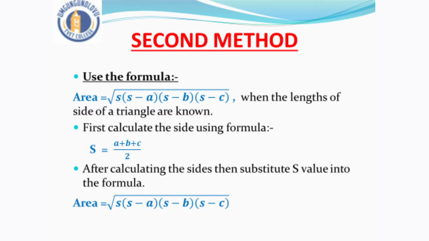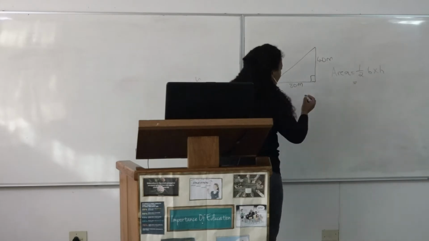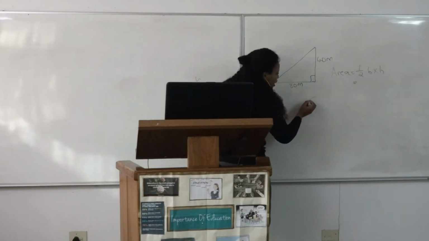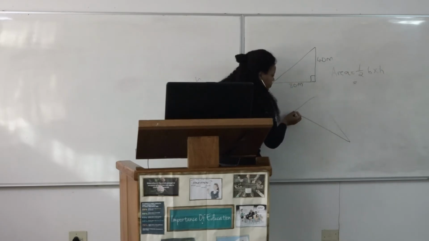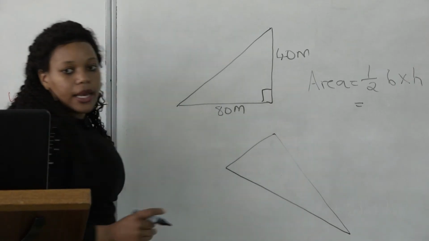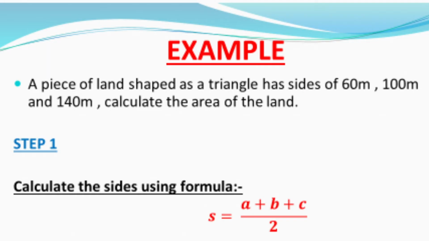Okay, so the first thing that you will need to do is to draw your freehand sketch of your triangle. Let us draw here a freehand sketch of the triangle, and let us look at the example here.